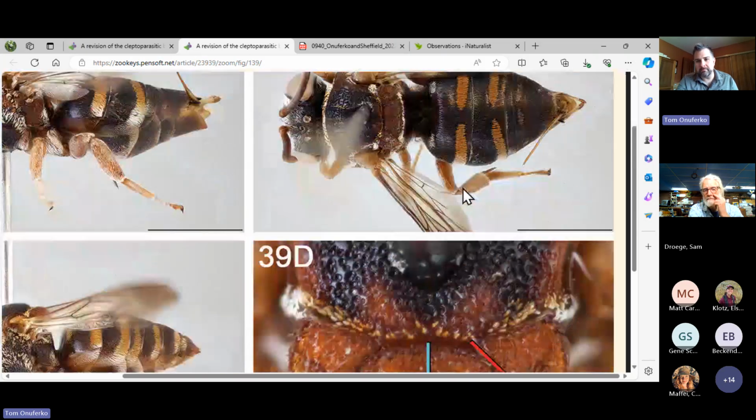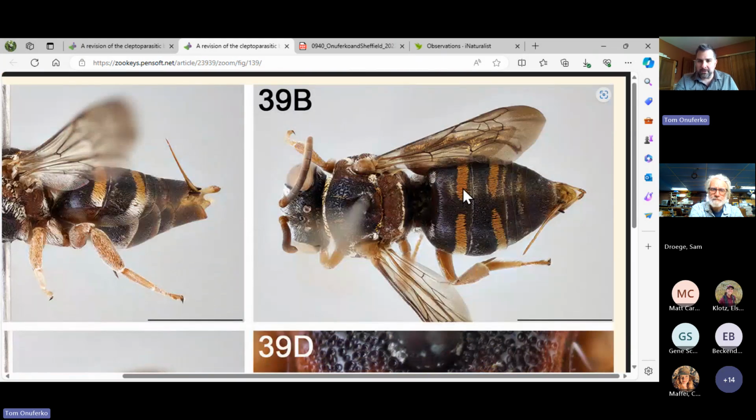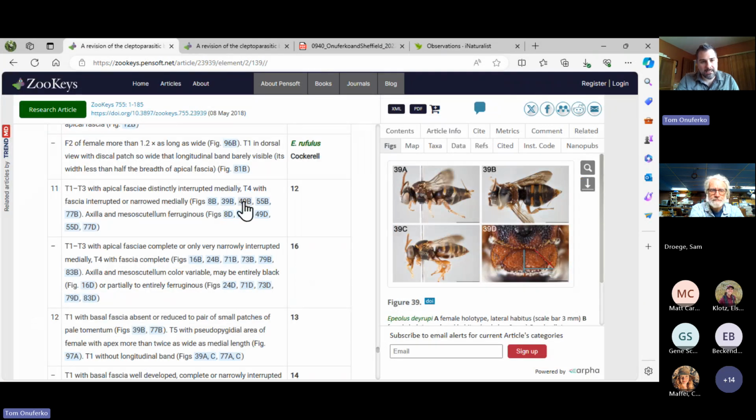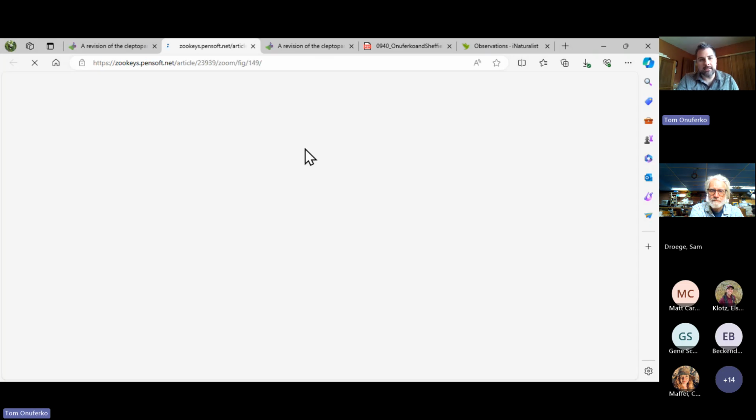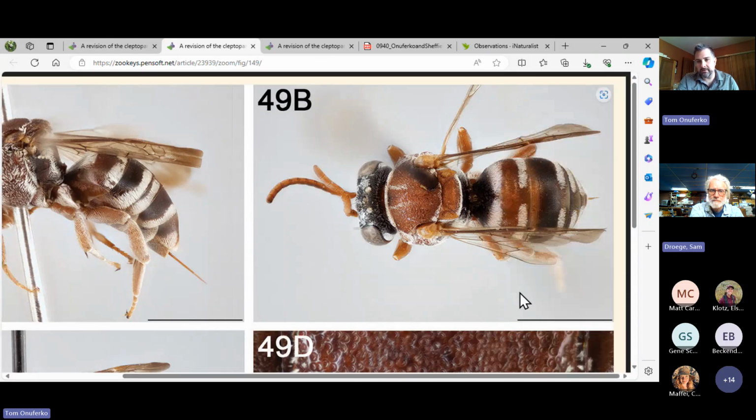It's found only in peninsular Florida and coastal Georgia, but here you can see the bands are very clearly interrupted immediately. They're even reduced on the subsequent terga. So that matches the first half of this couplet. And then Floridensis is another one where the bands are very distinctly interrupted immediately on the first, I think, three or four terga.